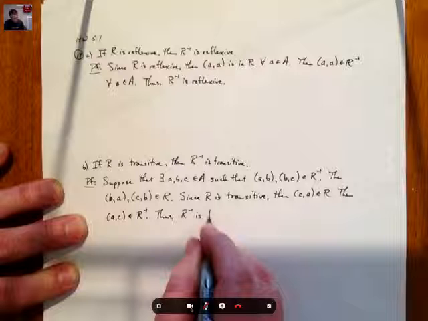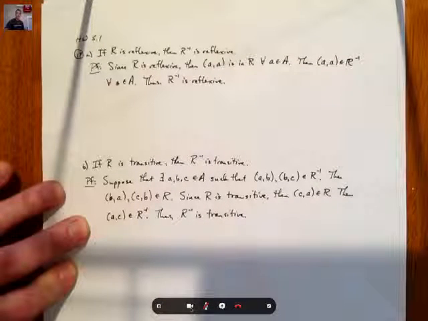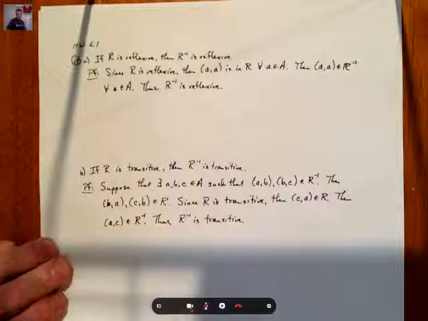Thus, R inverse is transitive. Right? That's what we're trying to show. Okay, these aren't too bad.